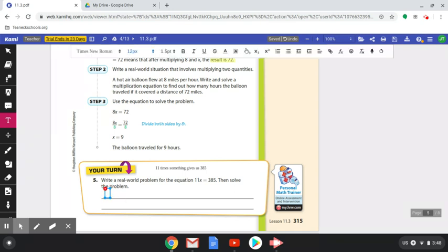Let's think. It's multiplication, so let's think about money and earning money. Let's say Mr. T gets paid $11 an hour. And we could say last week he earned $385.